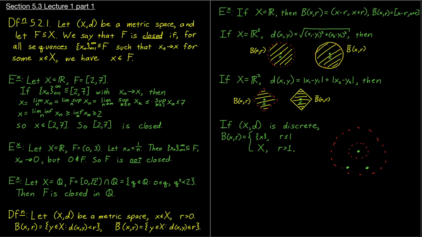And then the closed ball similarly is either the single point x or everything, except there's a slight difference. Here it's the single point if r is less than 1, and it's the whole space if r is greater than or equal to 1. So notice one of the weird things about the discrete metric is that the closed ball and the open ball can actually be equal to each other.